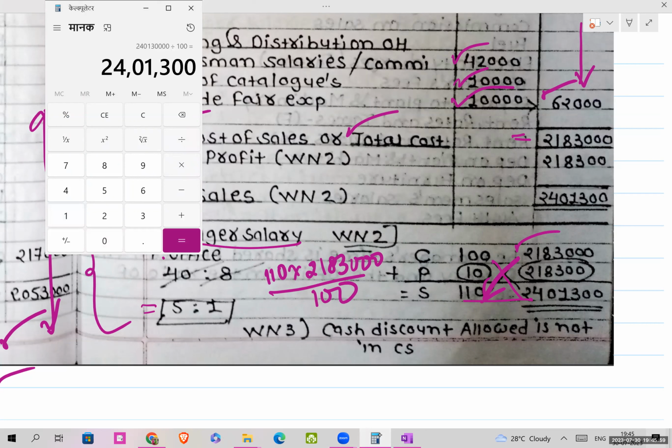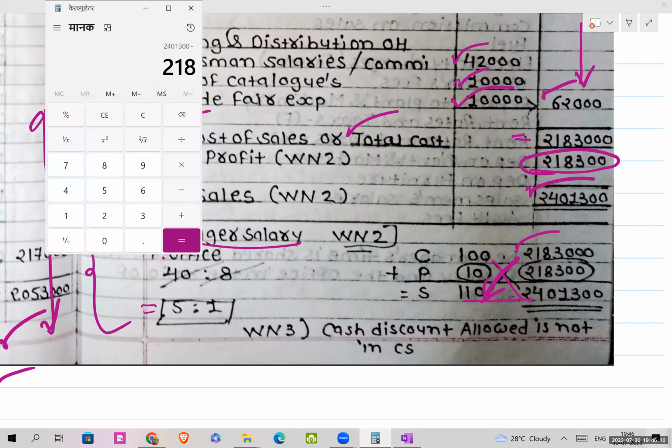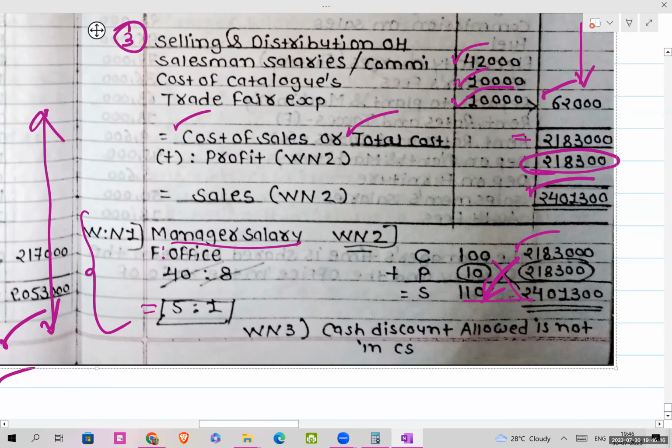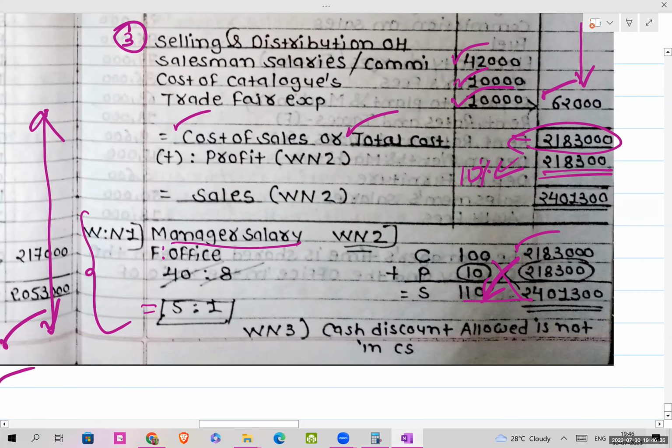So my answer is 24,01,300. So that's my sales. ये देखो आ गया मेरा आंसर। ओके, दोनों को माइनस कर दो, आपको प्रॉफिट मिल जाएगा, 24,01,300 minus 21,83,000, तो 2,18,300। आप चाहिए तो अपना आंसर क्रॉस चेक कर सकते हो। कैसे, क्या बोला है, प्रॉफिट इज 10% ऑफ कॉस्ट। तो आपका कॉस्ट कितना है, ये रहा कॉस्ट, तो 21,83,000 का 10% निकालो, कितना आया आंसर, 2,18,300। सेम आंसर आया, that means our answer is correct.